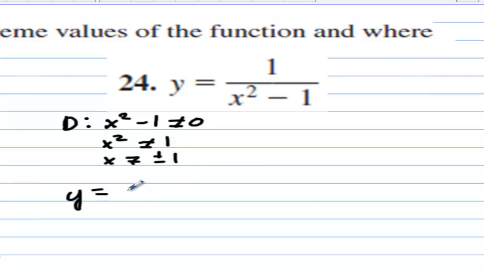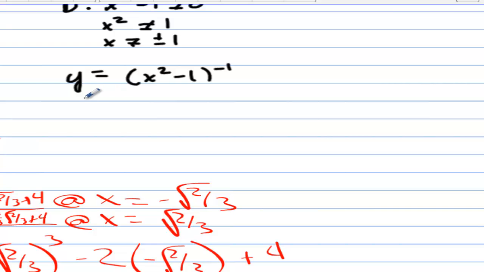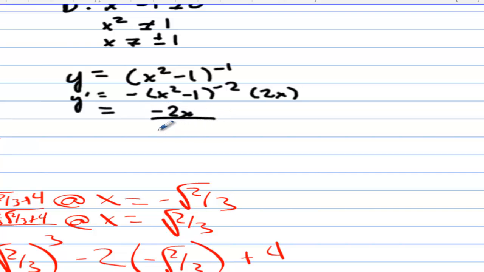Let's write the function as x squared minus 1 to the negative 1, and use the power rule to find the derivative. We have y prime equal to negative x squared minus 1 to the negative 2 times 2x. That's equal to negative 2x over x squared minus 1 squared.